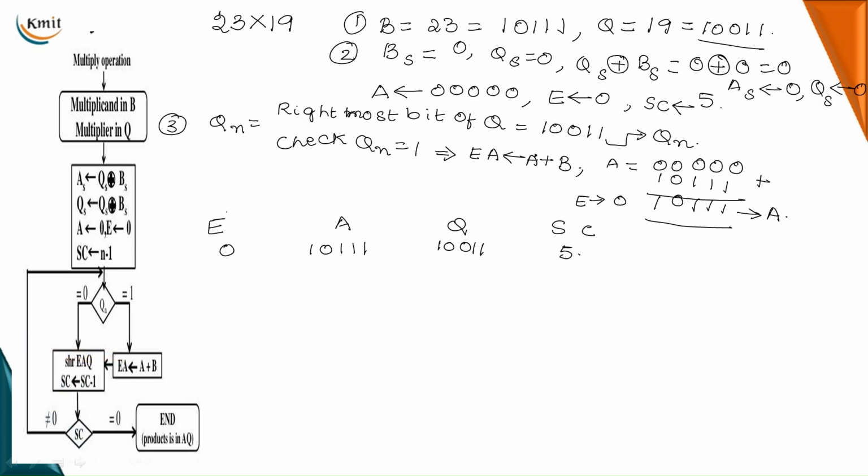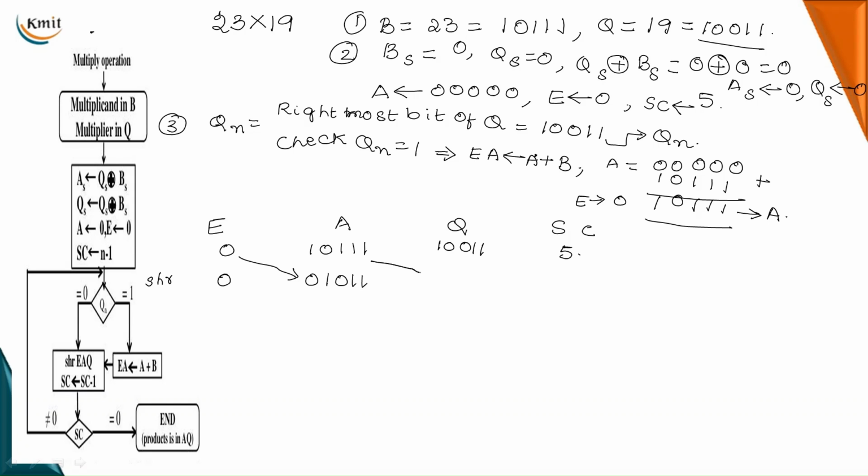Now we perform shift right on EAQ. So when you perform shift right, this E contains 0 and this will be shifted here. So it becomes 01011.